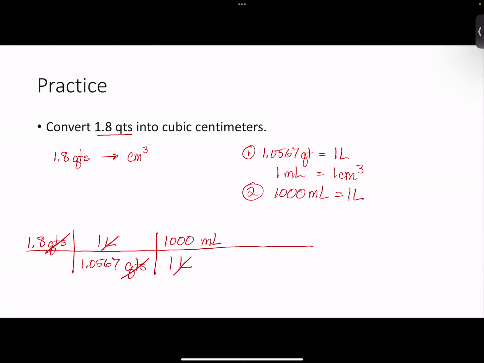You always keep in mind what it is you are trying to solve for. I need centimeters cubed, so I need to convert that milliliters into centimeters cubed with the fact that 1 milliliter is 1 centimeter cubed. I place the milliliter in the denominator so that it will cancel out. And now I have performed the conversion. Now I need to do the calculation.